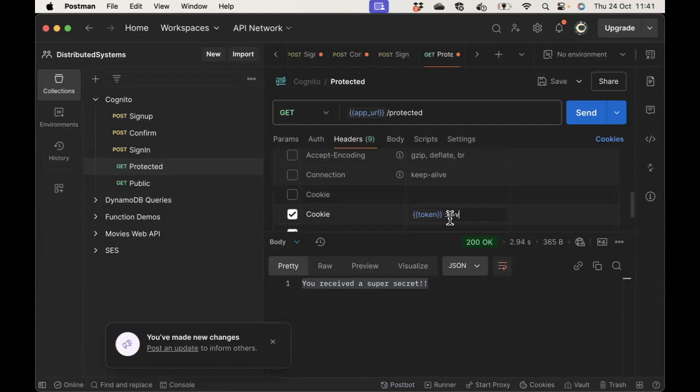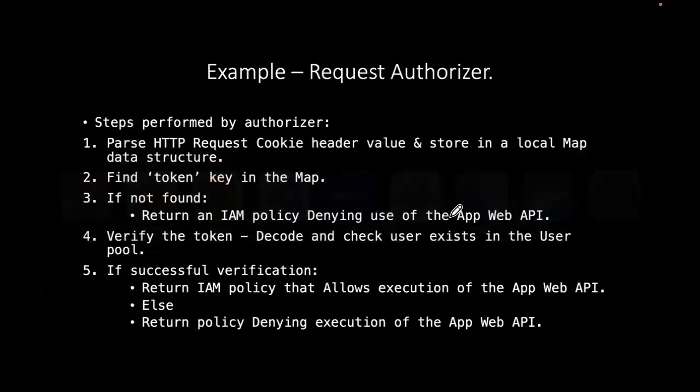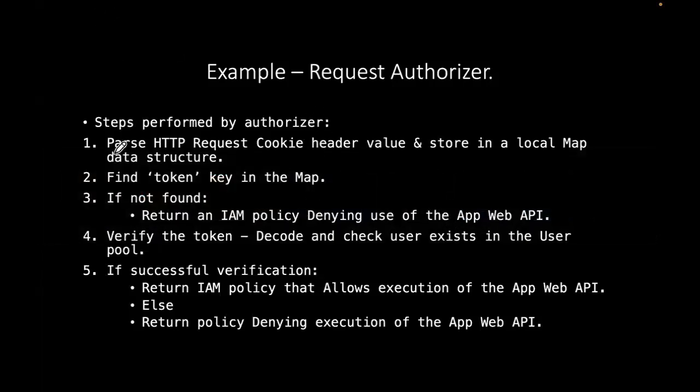Okay. So it does that just to create a more programmable representation of the actual cookie header content. So it now has a map data structure. A map is just an object, a set of key value pairs.